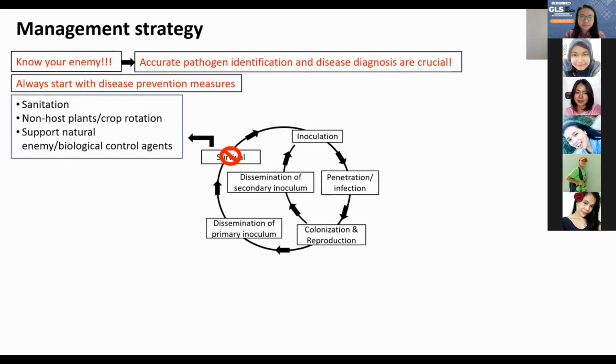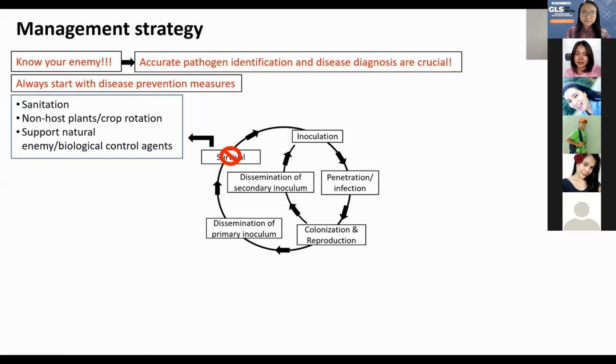So we favor the development of natural enemies for the pathogens in the field, right? And this modification of environmental conditions can be achieved by several means, and these methods are commonly implemented in an organic farming system.